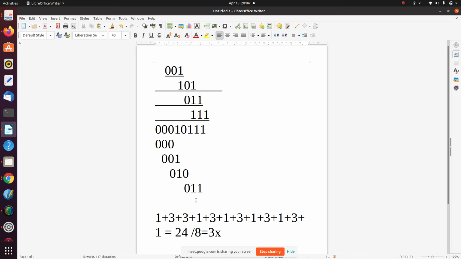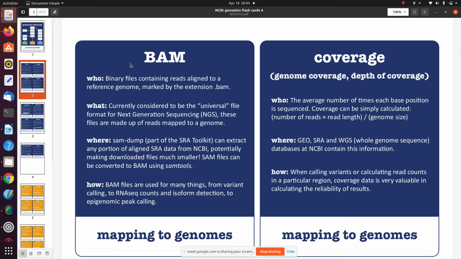And the remaining are 6 threes, right? So it's as good as doing number of reads into read length divided by genome size, right? Did you understand? Yes.